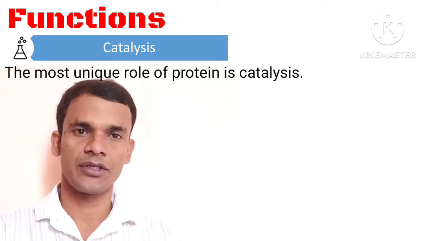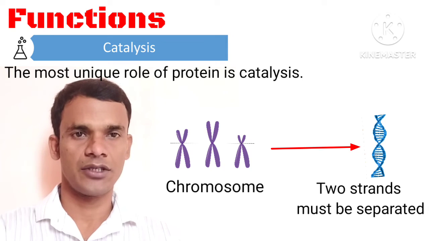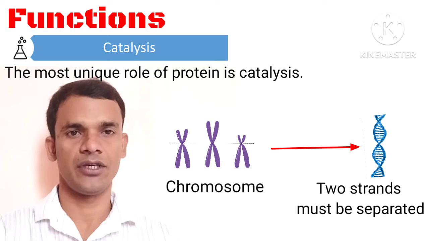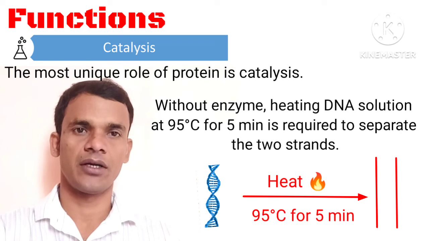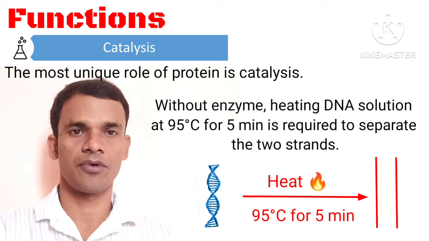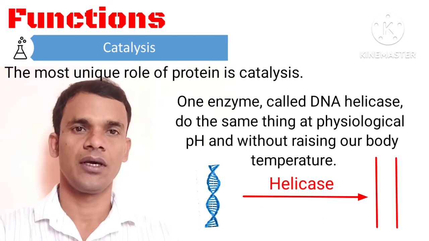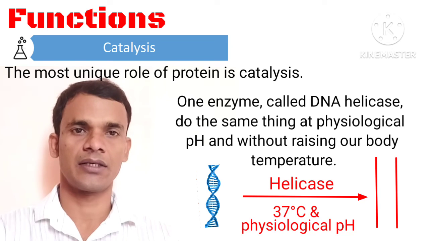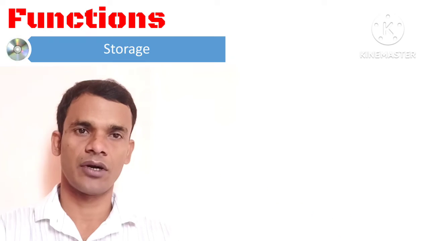Now the question is why enzymes are required. For example, this large DNA molecule should be opened up each and every time during cell division. We generally separate these two strands in the laboratory by heating the solution at 95 degrees centigrade for 5 minutes. But one enzyme called DNA helicase does the same thing at physiological pH and without raising the body temperature.